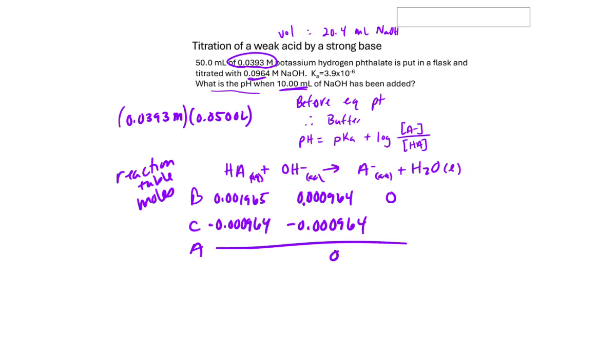And so we're going to end up with 0.001001 moles of HA. And in fact, we need to add the moles to A minus. So we add 0.000964 to A minus in the A minus column, although I've gone a little skewed here, but hopefully you know what I mean.